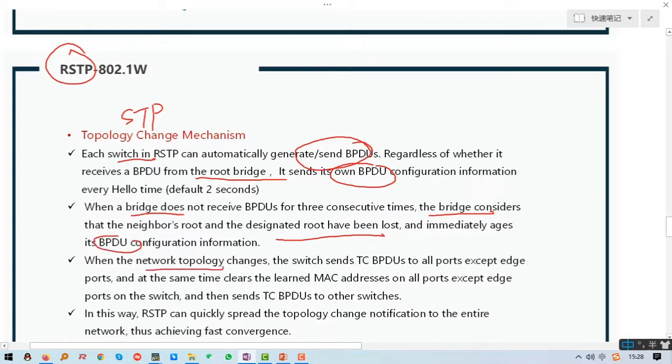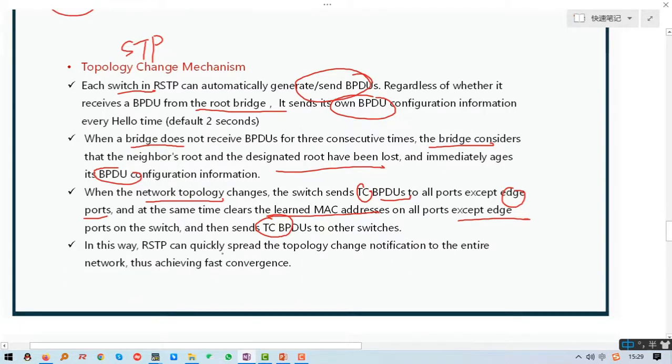And when the network topology changes, the switch sends TC BPDU to all ports except the edge port, and at the same time clears the MAC addresses on all ports except edge ports on the switch, and then sends the TC BPDU to other switches. In this way, RSTP can quickly spread the topology change notification to the entire network, thus achieving fast convergence.